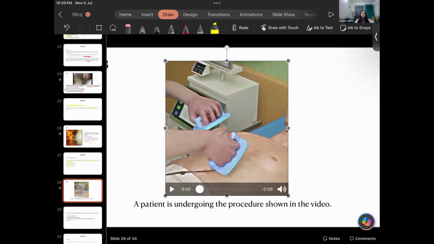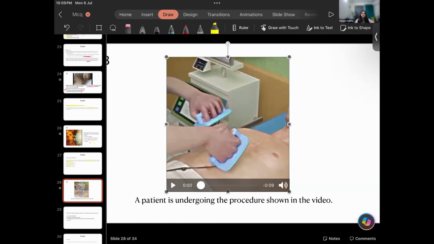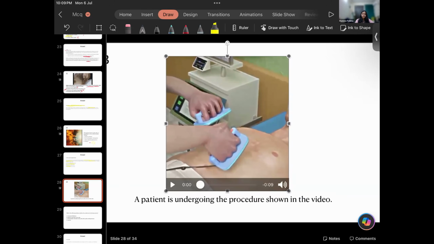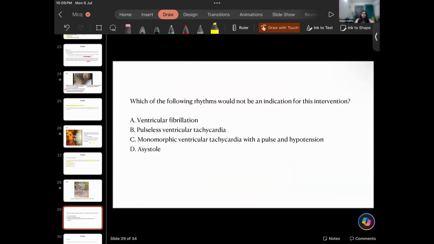But when it comes to medicine, there are different types. We have shockable rhythms and we have non-shockable rhythms. We will go through the options. This is a defibrillator. Defibrillation is basically done in cases of shockable rhythms. Among these, the shockable rhythms are ventricular fibrillation, pulseless VT, and monomorphic VT with pulse and hypotension.